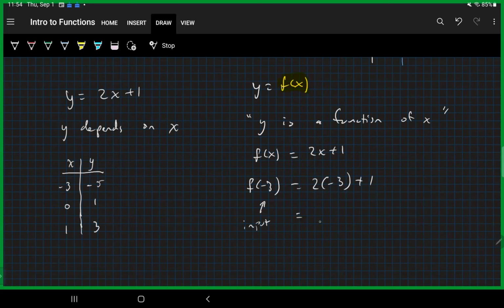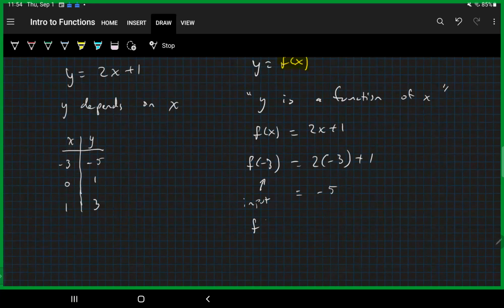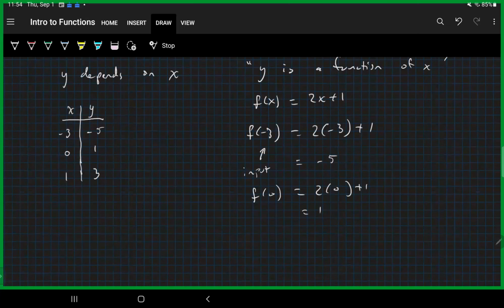And that's going to give me -6 plus 1 is -5. So this is my y value from over here. Same thing if plugging in 0. And if you are noticing, those inputs are going to those outputs. So that's how you use that notation.